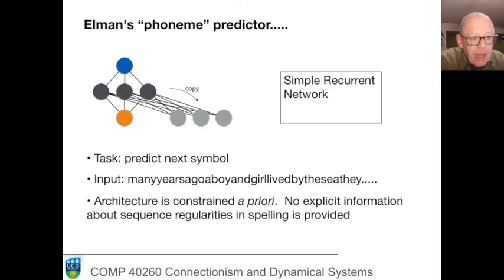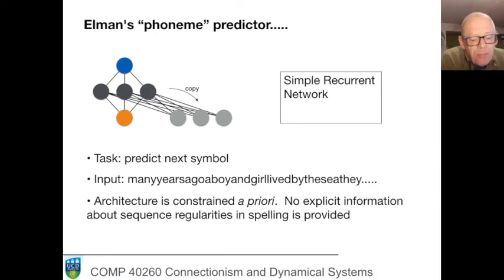However, having seen, for example, the most recent letters Y-E-A, the number of letters that can follow that plausibly, given the statistics of the data set, is very, very limited. And it might be possible to predict, perhaps with 100% accuracy, that an R is going to follow the letters Y-E-A.